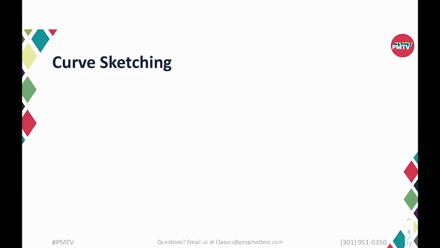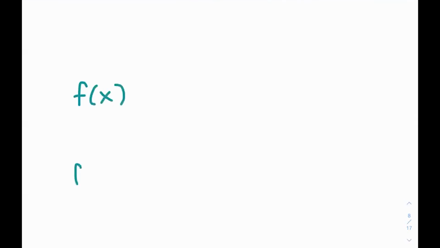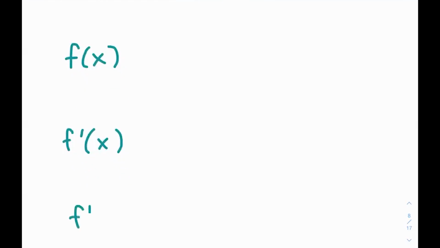So let's formalize all of this information about a function and its derivative and its second derivative. And again, I'm labeling this as f of x, f prime of x, f double prime of x. It does not have to be labeled that way. Any function, its derivative, its second derivative.